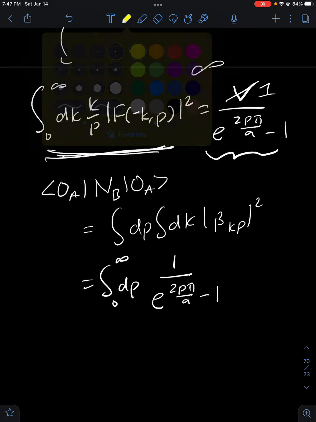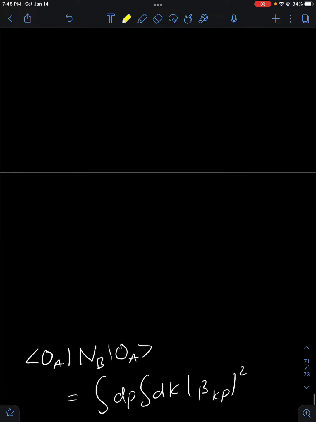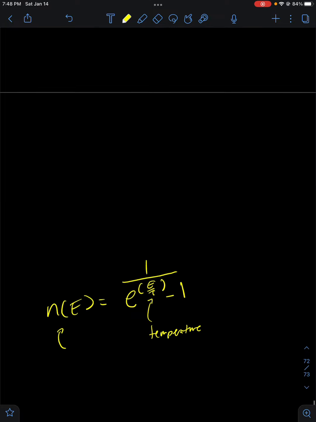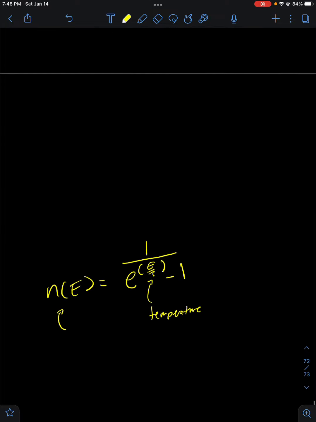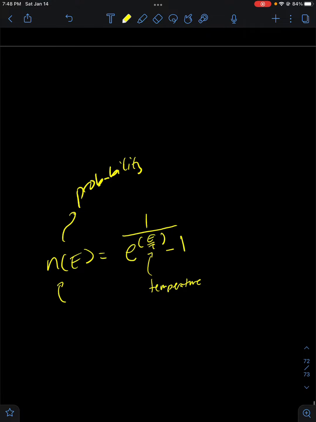But if we ignore the integral over the momenta and focus just on this yellow part over here, you'll notice something that's really important. This actually looks a lot like the Einstein distribution function. And this from thermodynamics tells us the probability that a particle will have some energy E. This formula comes from statistical mechanics, where this T over here is the temperature.